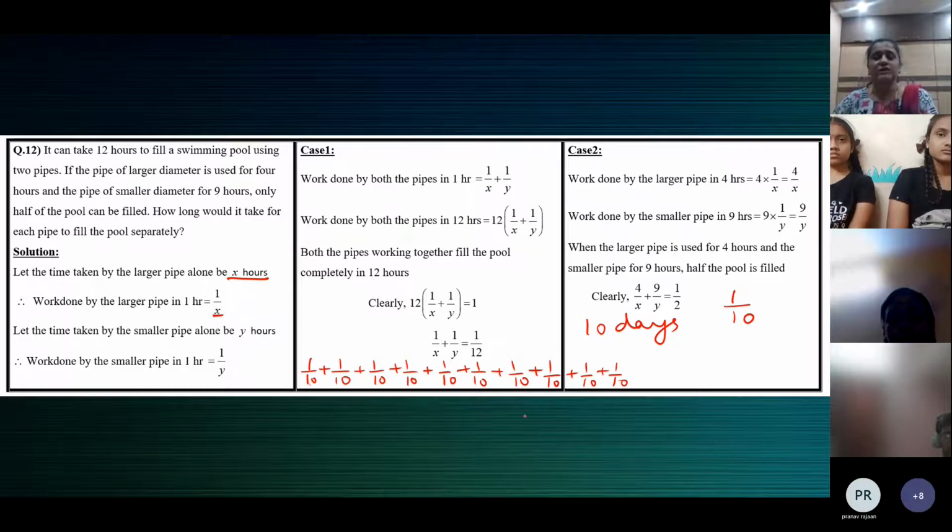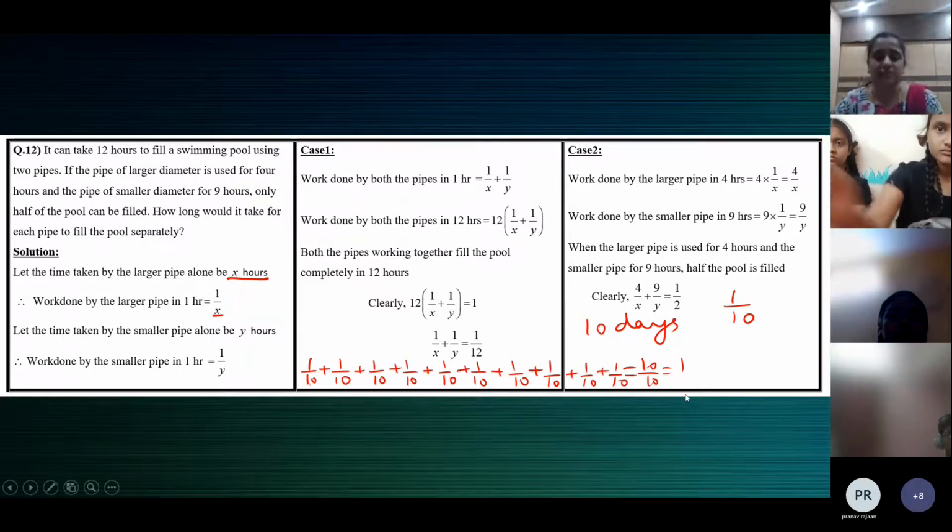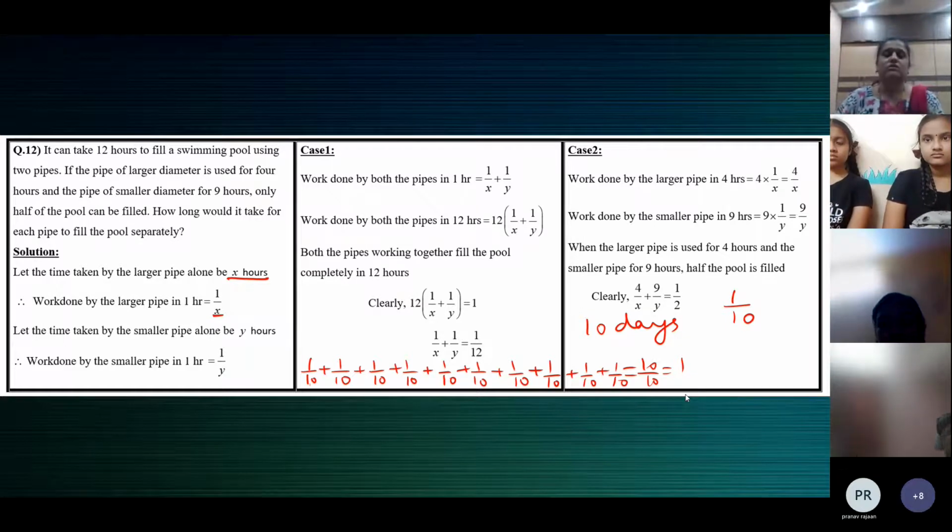When you add, you will get 1 plus 1 plus 1, 10 times. So 10 by 10, which is equal to 1, meaning the full work is done. So if you take 10 days to complete a task, the fraction of the work completed by you in 1 day is equal to 1 by 10.